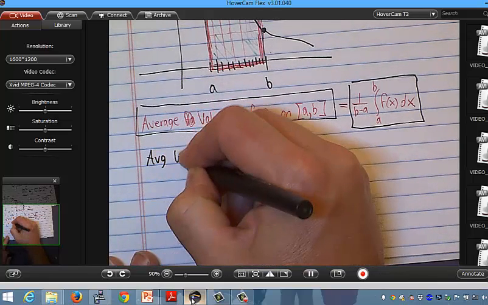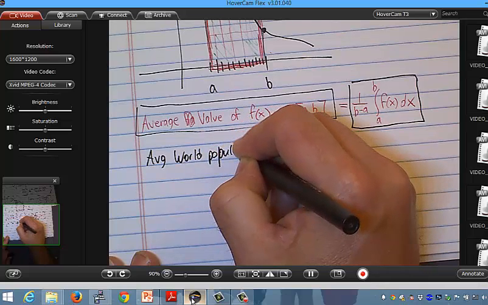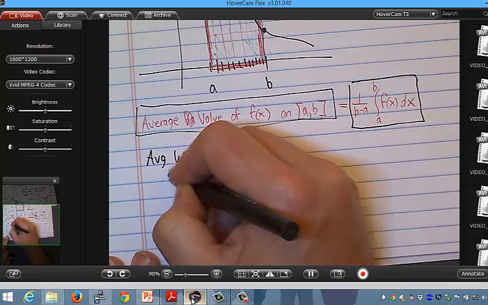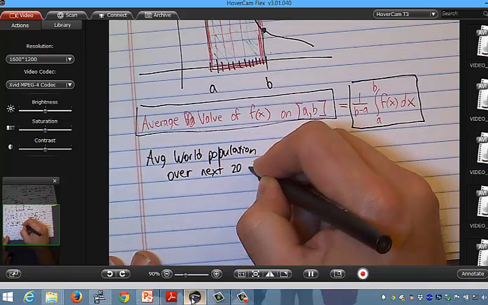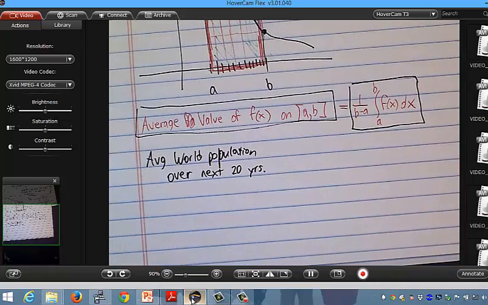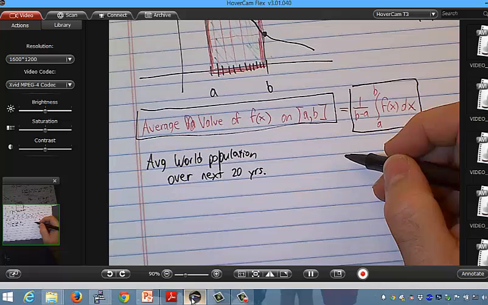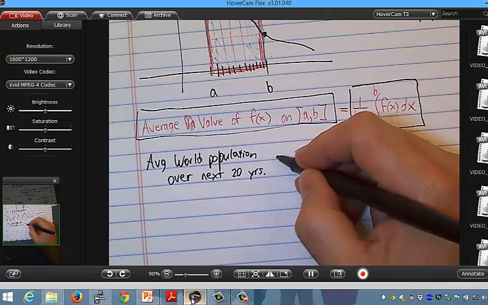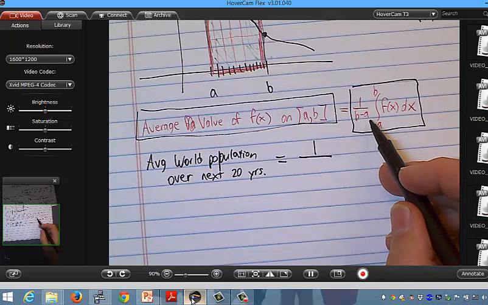Average world population over the next 20 years. So let's see. Well, it's going to be 1 over. Now, what should I use for b and a here?